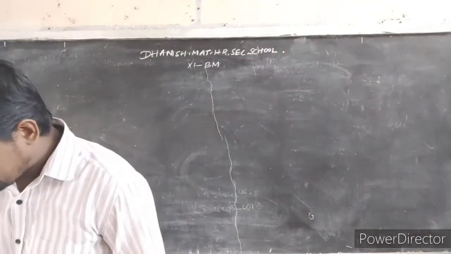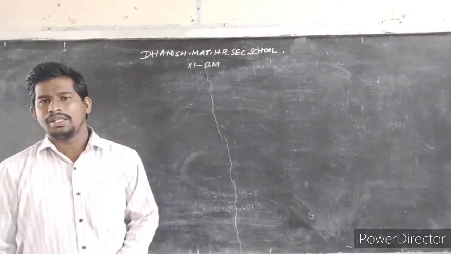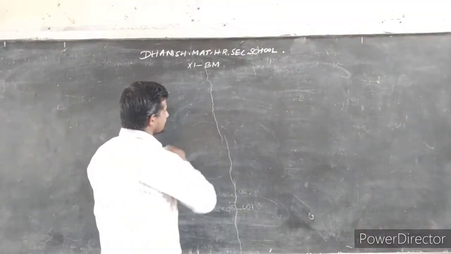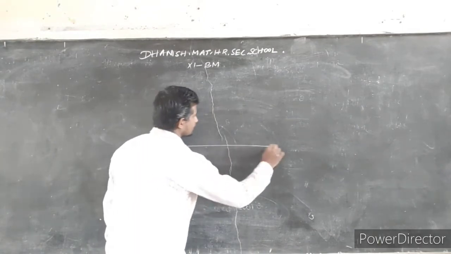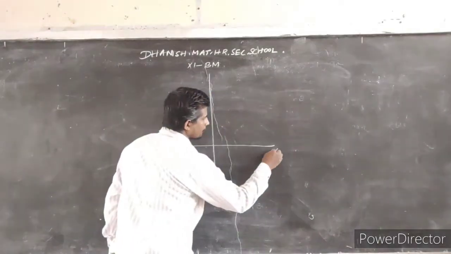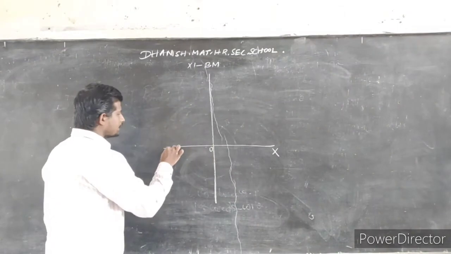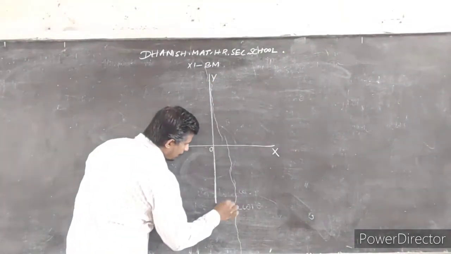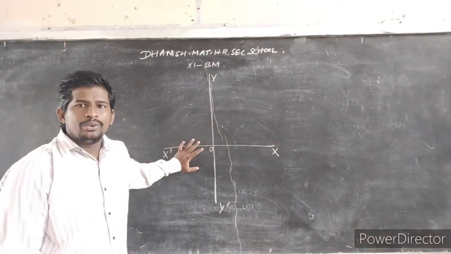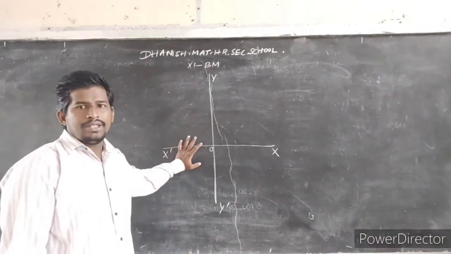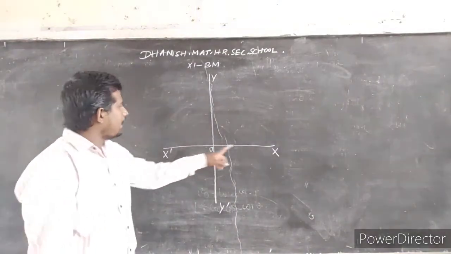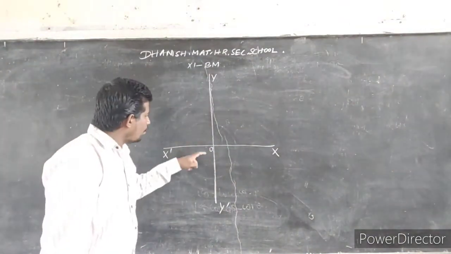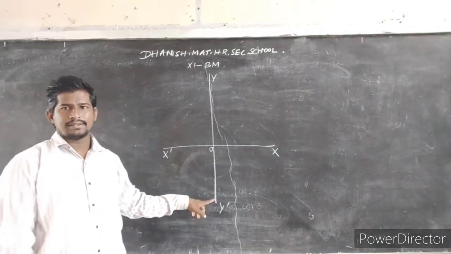Now we are going to learn what is meant by quadrants. We have 4 quadrants. Let x o x dash, y o y dash be 2 lines at right angles to each other. We call x o x dash the x axis, y o y dash the y axis.